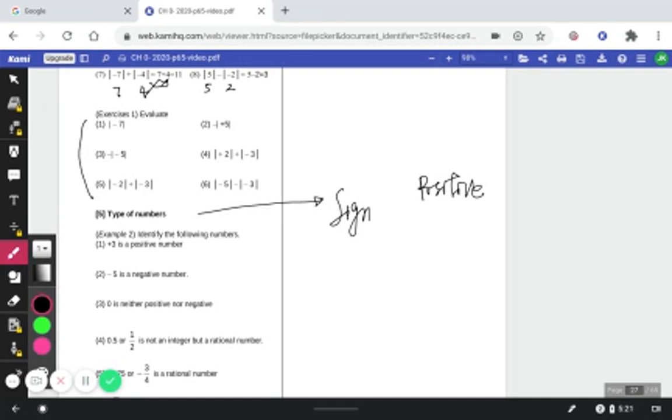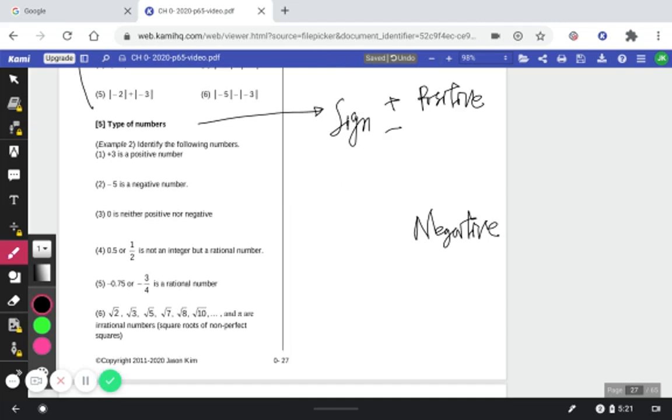Now, 0.5 or 1/2 is not an integer, but still a rational number.